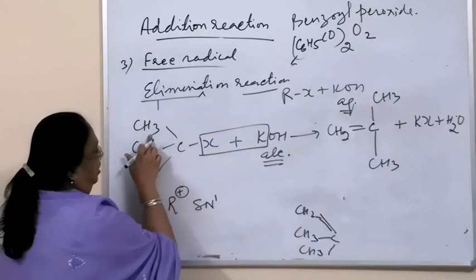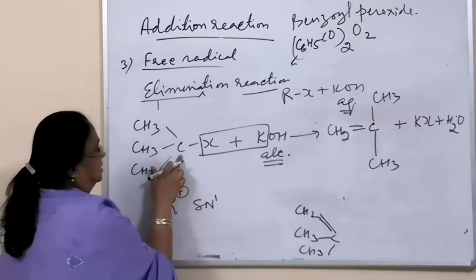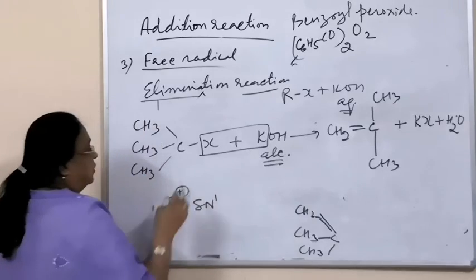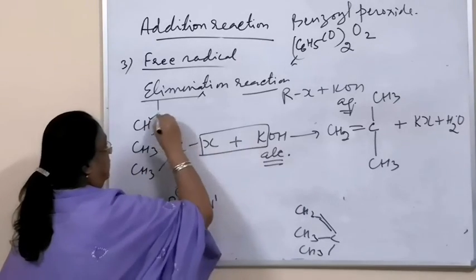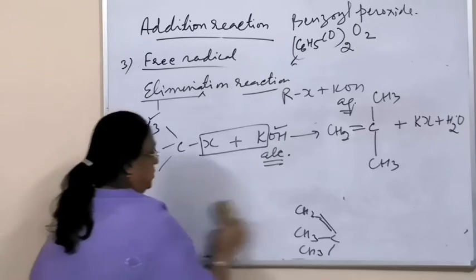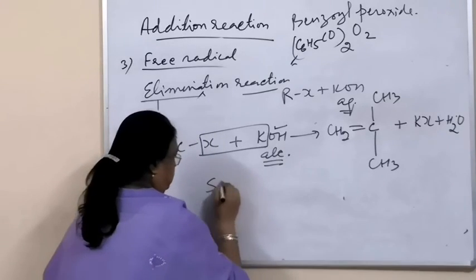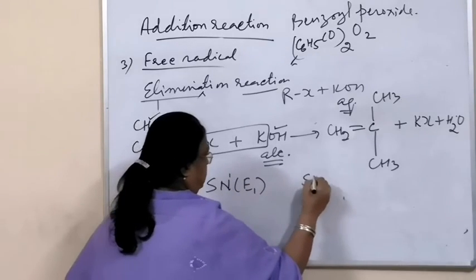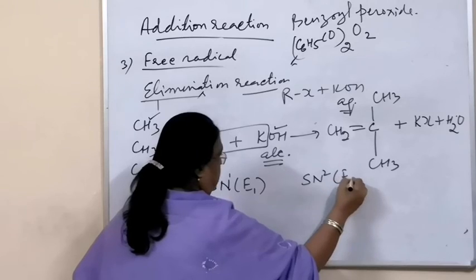That is, this has gone. So here is a double bond and this carbon has a methyl group. Halogen goes with K and one hydrogen forms water. So how is this different? The main thing is you have to compare SN1 and E1, and SN2 and E2.